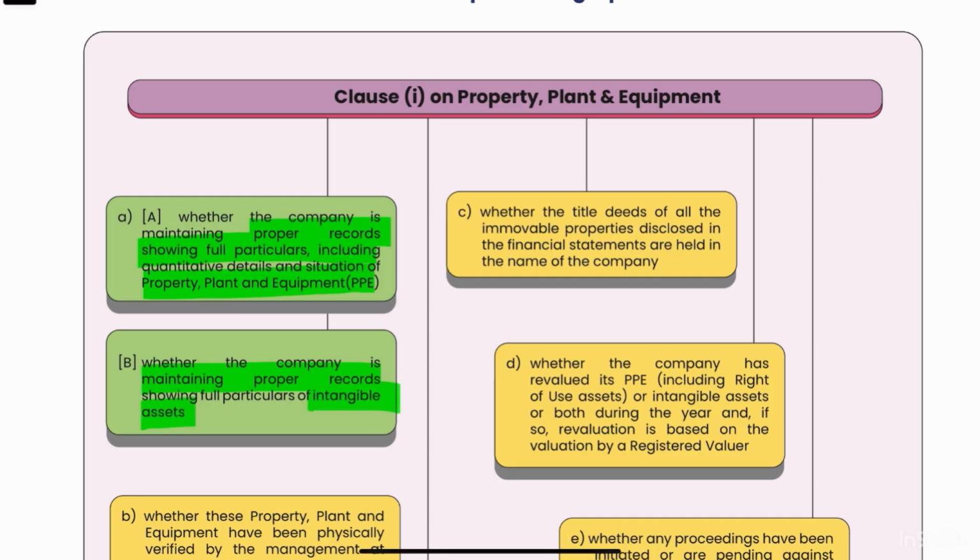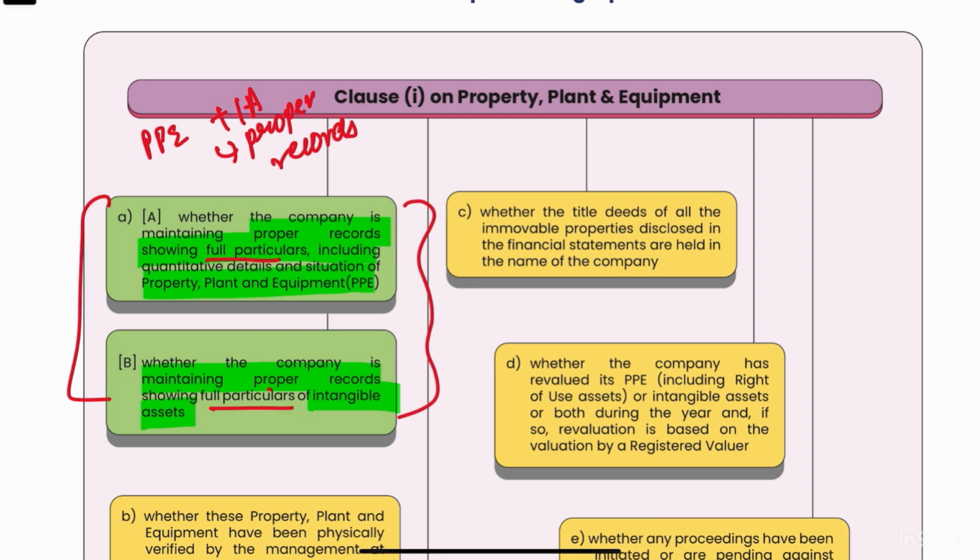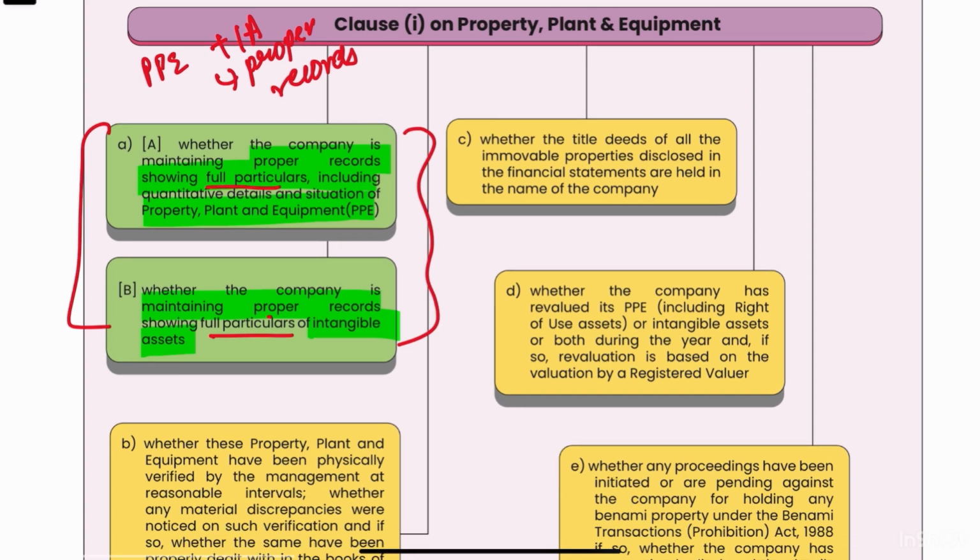That is, we have to maintain proper records for both, and they have to show full particulars. This is the first statement that the auditor makes.